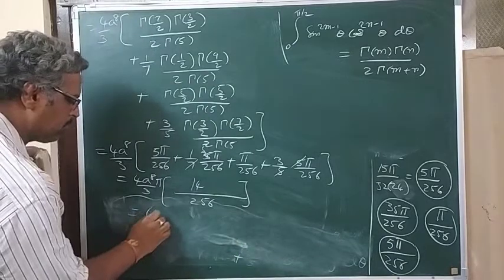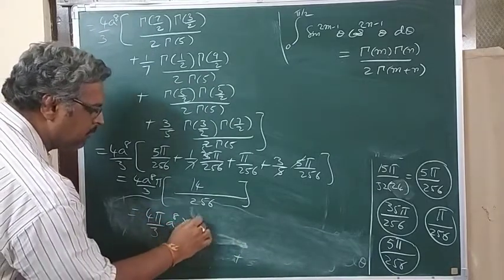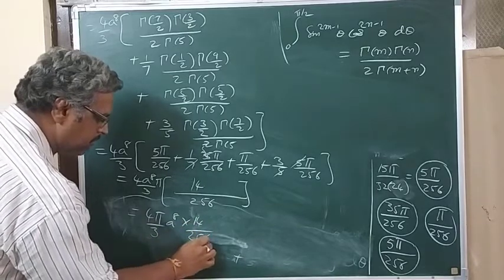Now 4 pi by 3 into a power 6 into 14 by 256.